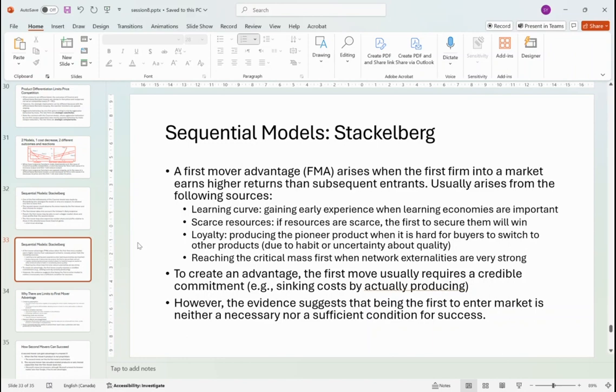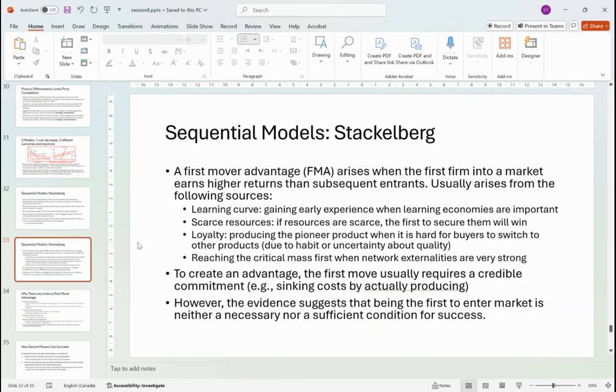And the last reason could be reaching the critical mass, especially for businesses and industries in which network externality matters. For example, let's say Facebook, right? When network externality matters. Or let's say Amazon.